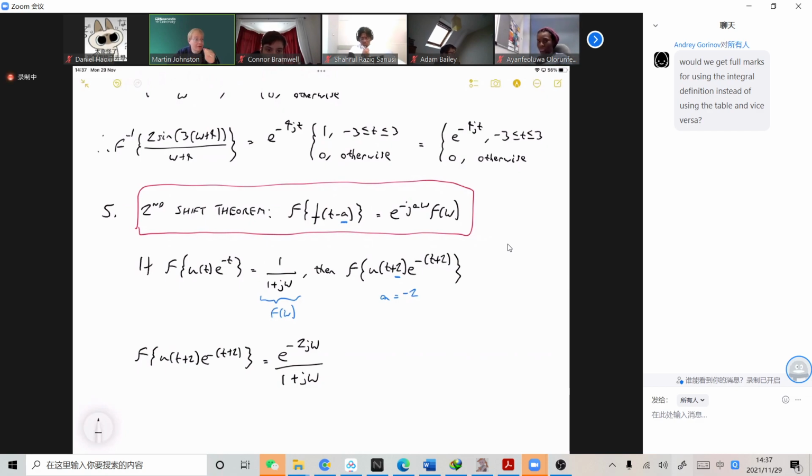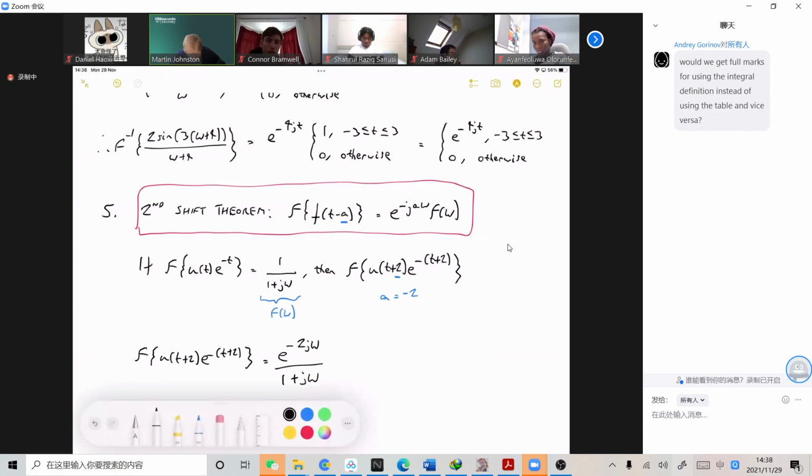Okay. And another question's coming as well. Is the power in the exponential positive since the minus signs cancel each other? Assuming this is question 5 we're talking about, the power will be positive. Yes, you are absolutely right.